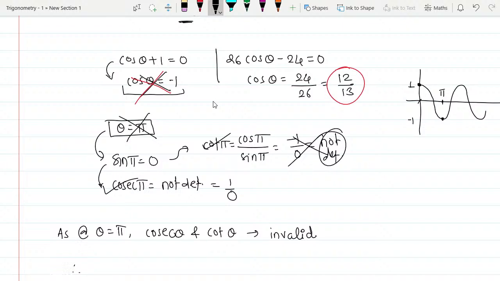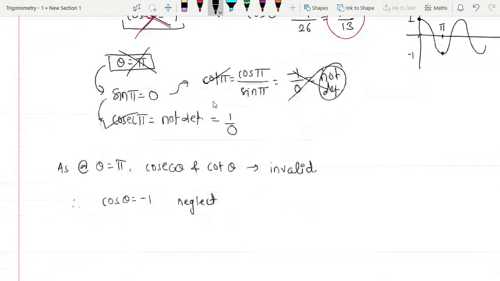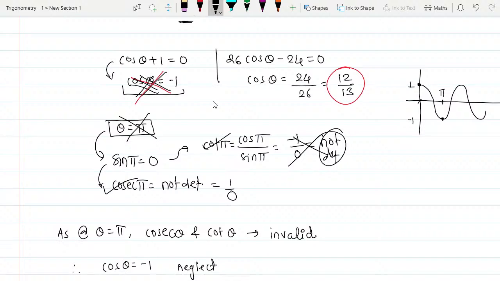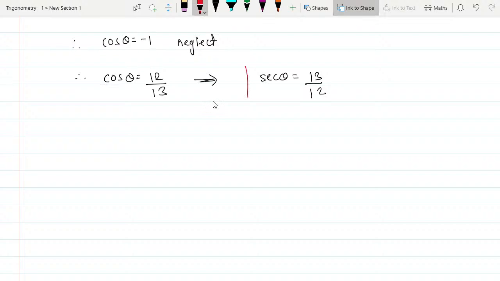Therefore cos theta equal to -1, neglect. You neglect this directly. And therefore cos theta is equal to 12 by 13. Therefore your answer is: sec theta is equal to the inverse of cos, 13 by 12. So this is my final answer.